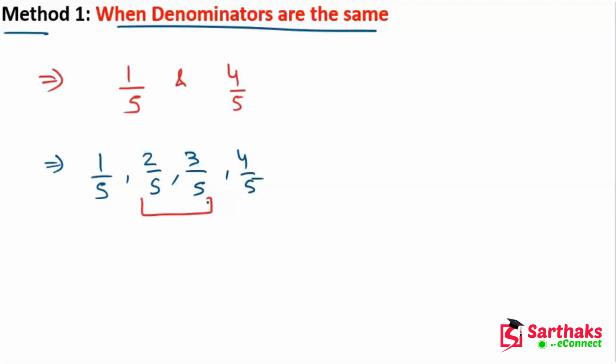Now, if the difference between the two numerators is small, and we need to find more rational numbers, say three rational numbers between them, then how can we find them?